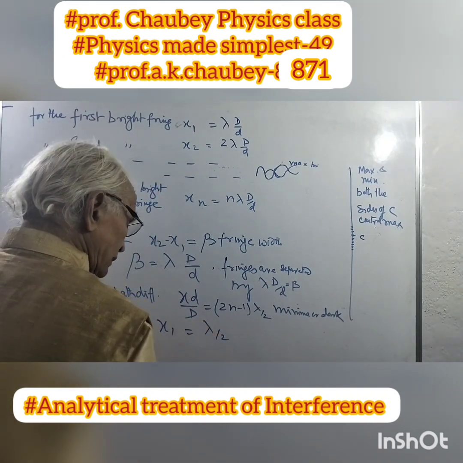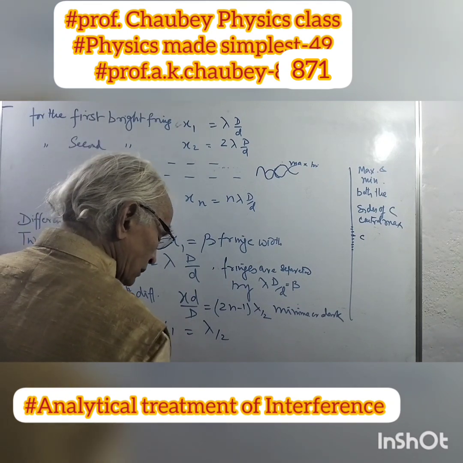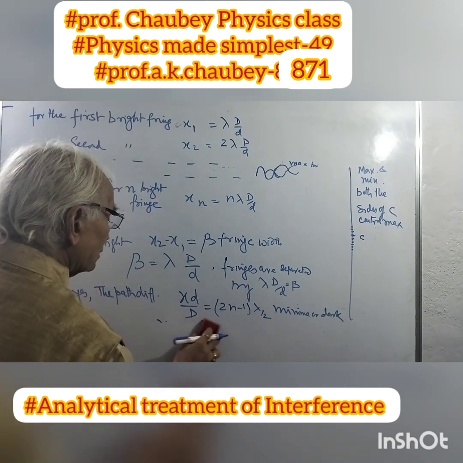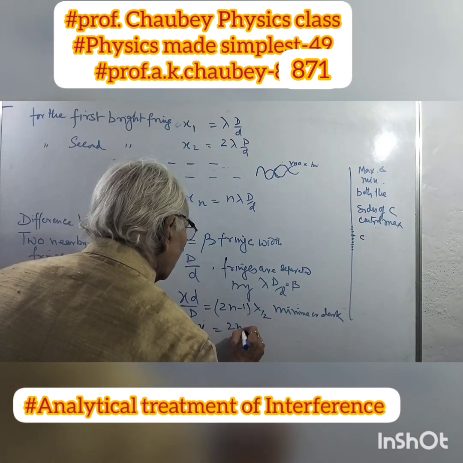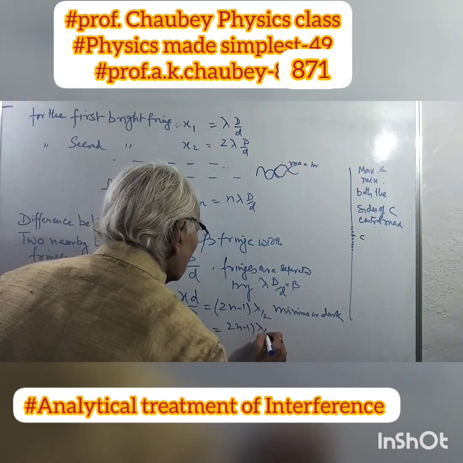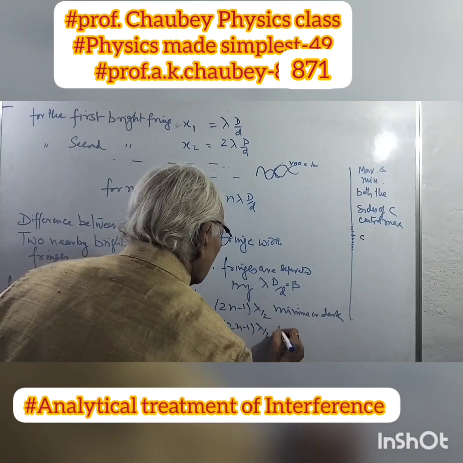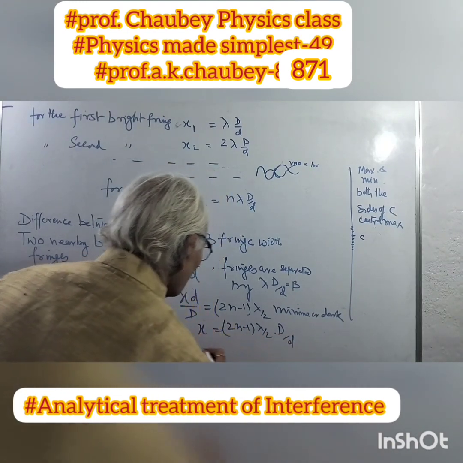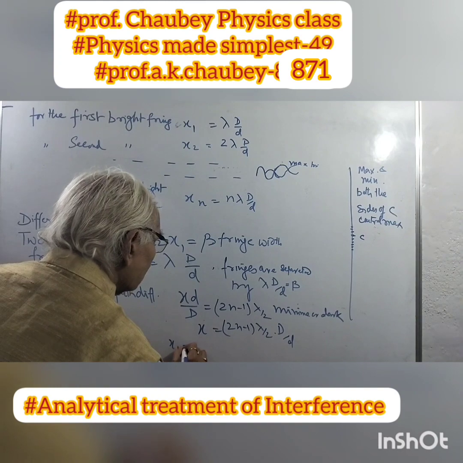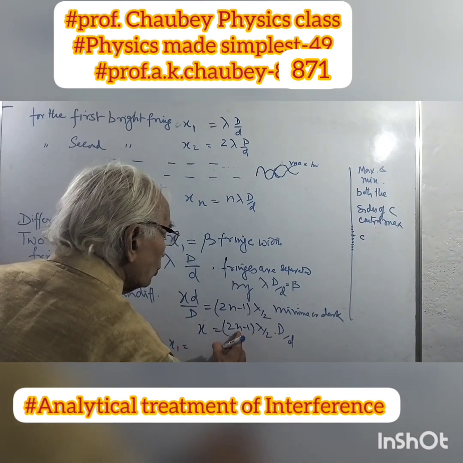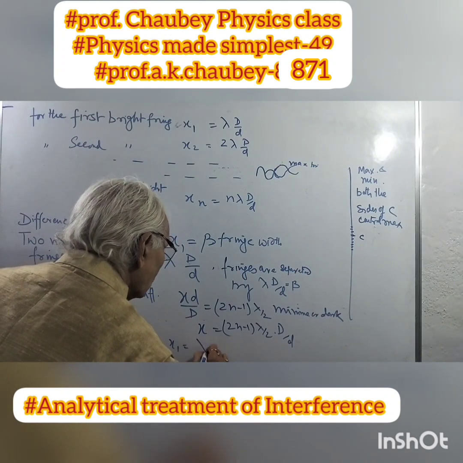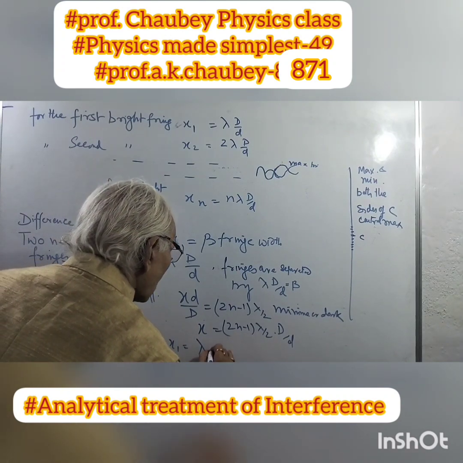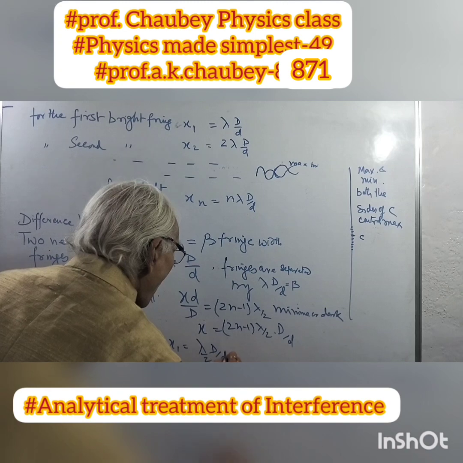Sorry, this I should write as x. First, x is equal to 2n minus 1 lambda by 2, and then D over d. So x1 is 2 minus 1, so 1 lambda by 2 and D over d.